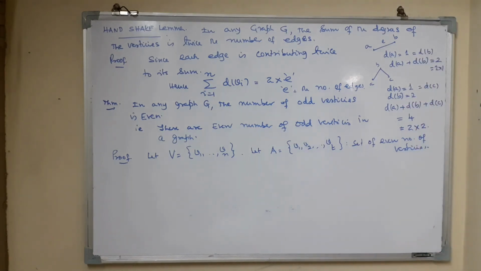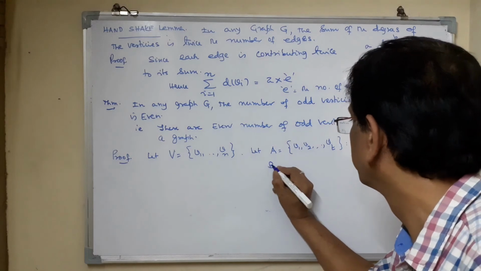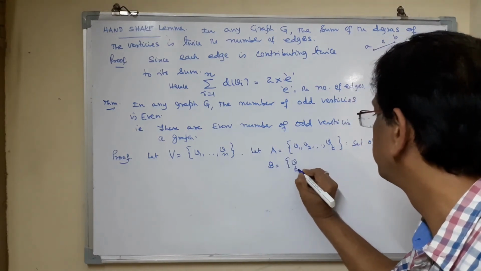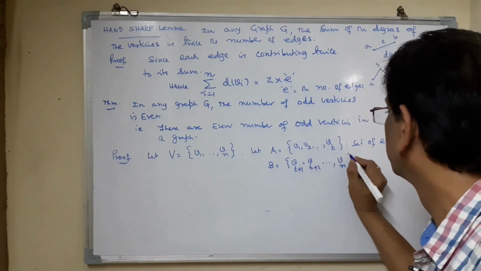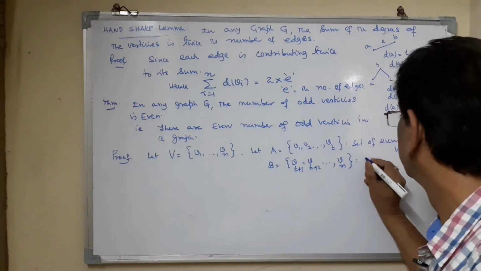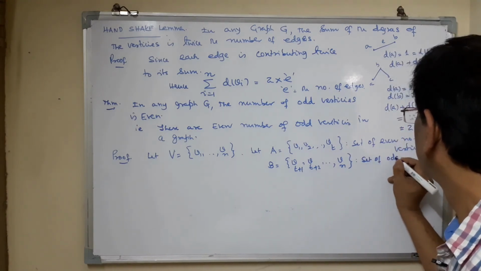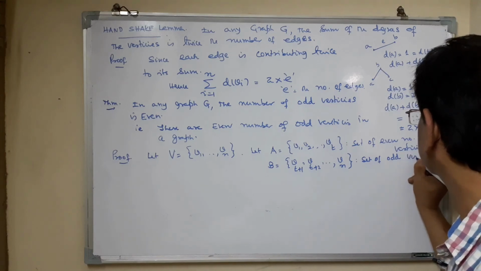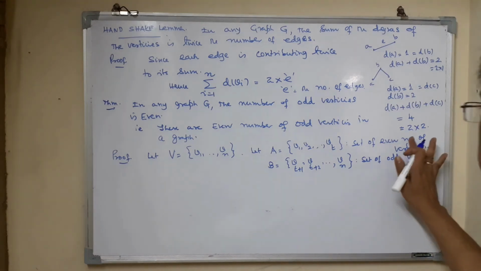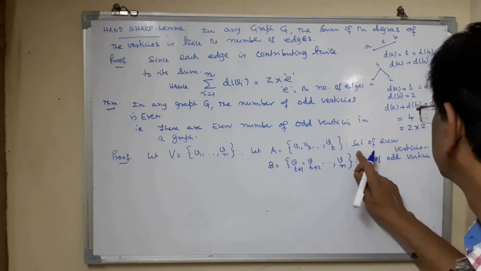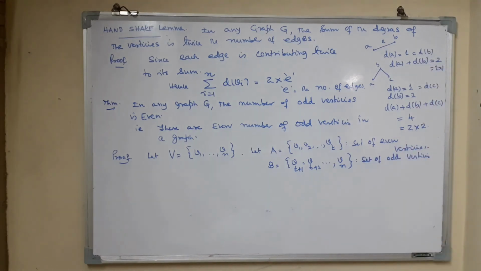Even vertices means the degree of each vertex is even. And B, I am splitting it, is {Vt+1, Vt+2, and so on, Vn}, the set of odd vertices. This is the set of even vertices, and this is the set of odd vertices.